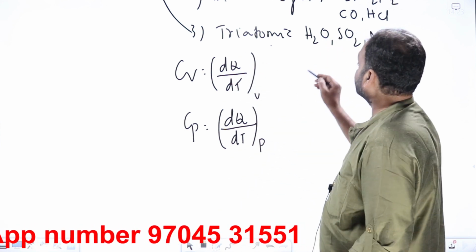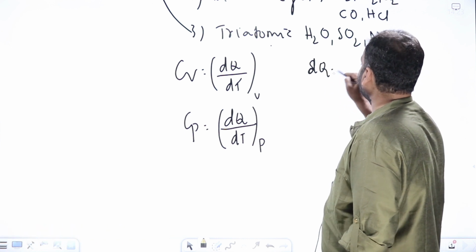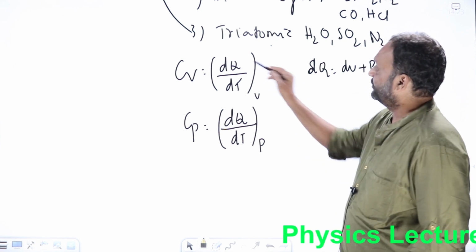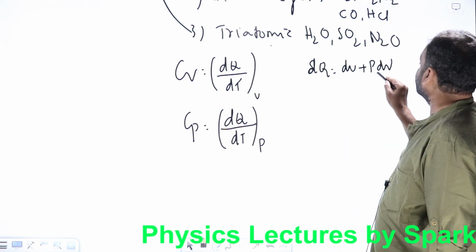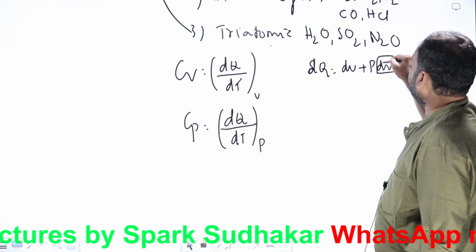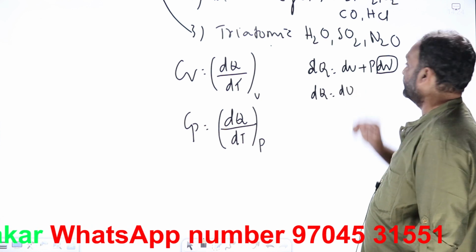According to the first law of thermodynamics, dq equals dU plus PdV. In a constant volume process, volume remains constant, so change in volume dV becomes 0. So work done by the gas is equal to 0. Wherever dq is there, you can simply write it as dU also.